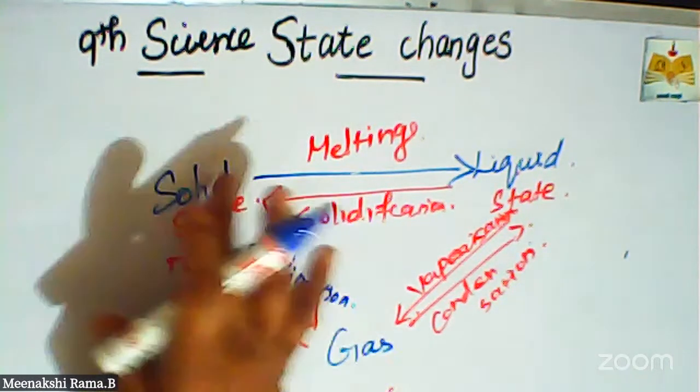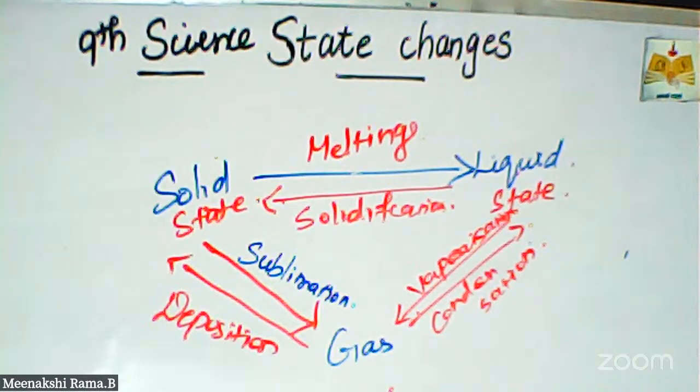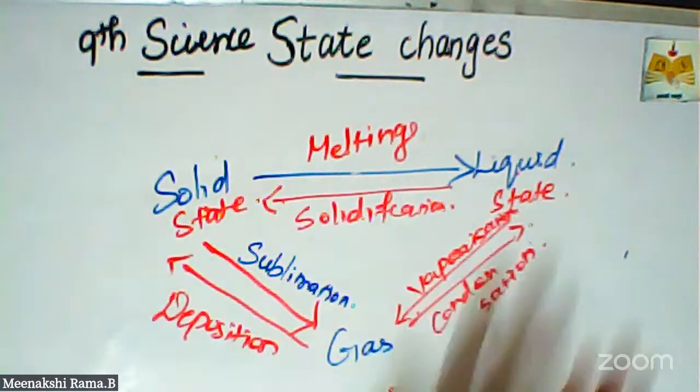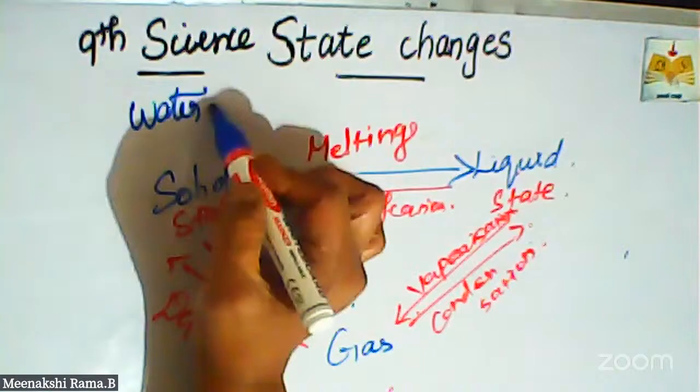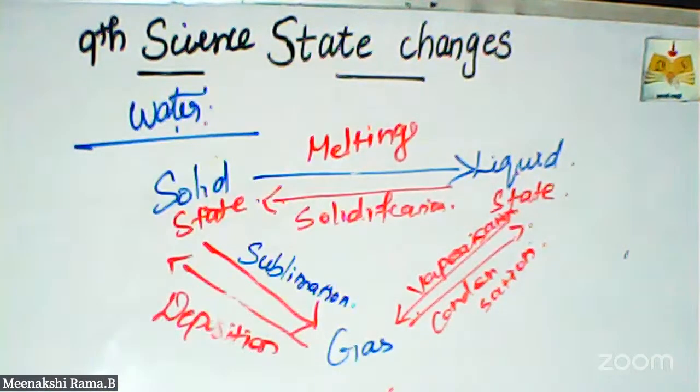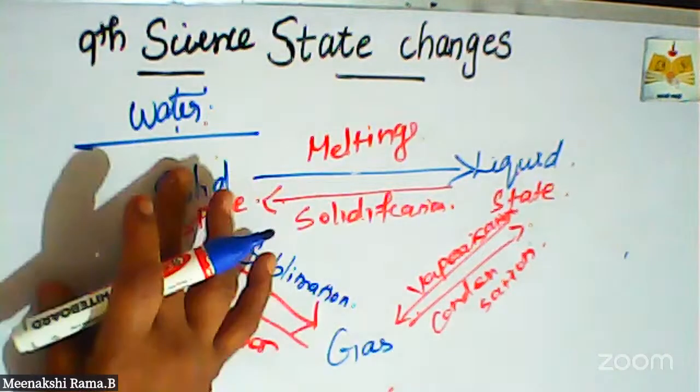Gas is changed into the solid, which is called deposition. These are all the main properties. Water is a very good example for the state changes. These are all the changes of state properties in water.